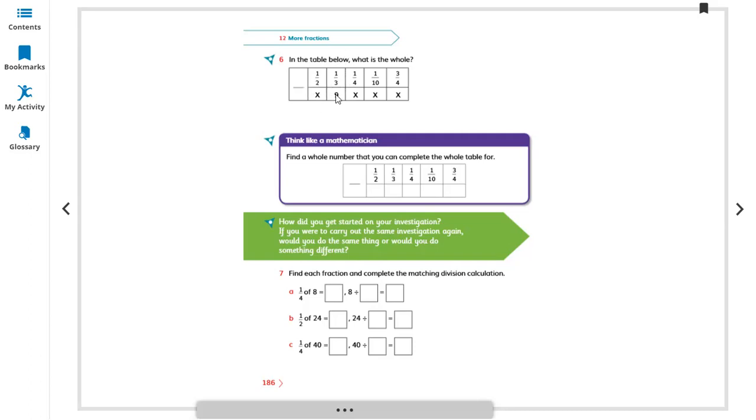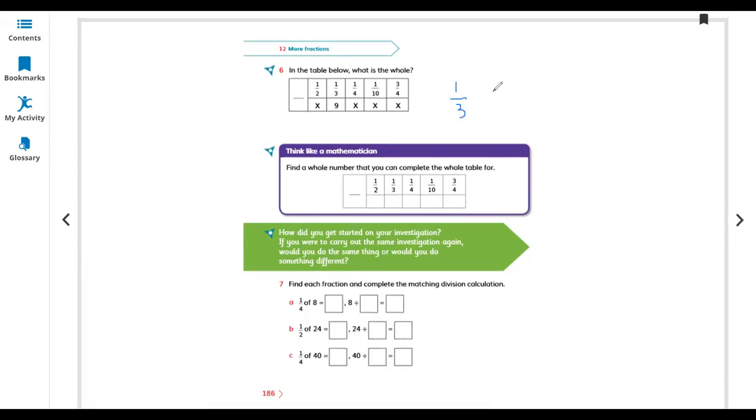Here we can find the whole from here. So let's do it. 1 by 3. This is coming 9. It means we need to multiply with 9. Down with down, not with up. So 9 multiplied by 3 is 27.